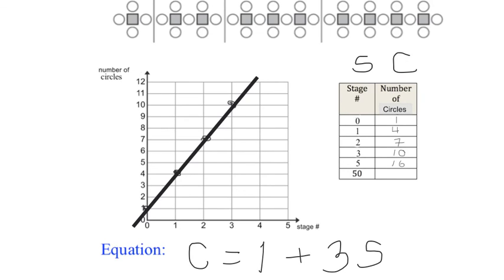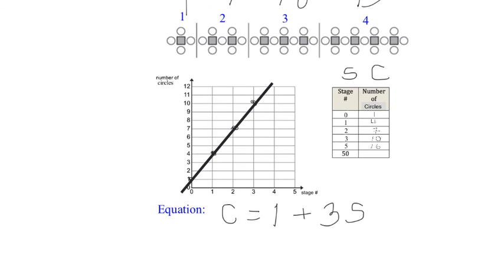Having worked out this equation now, it becomes a lot easier to figure out how many circles or how many chairs I would have needed at stage 50. Right? So with the equation now, what I can do is say at stage 50, that would mean that S would have a value of 50.